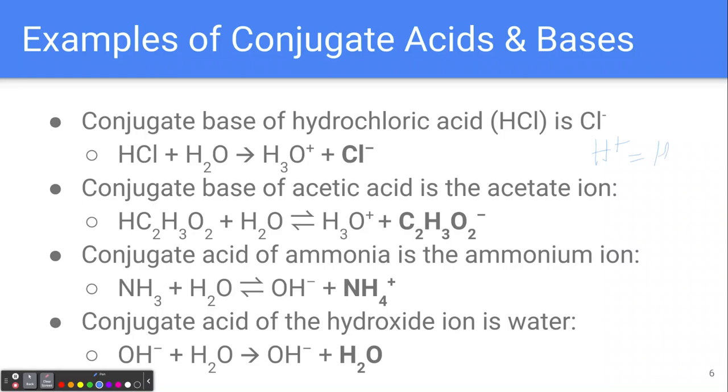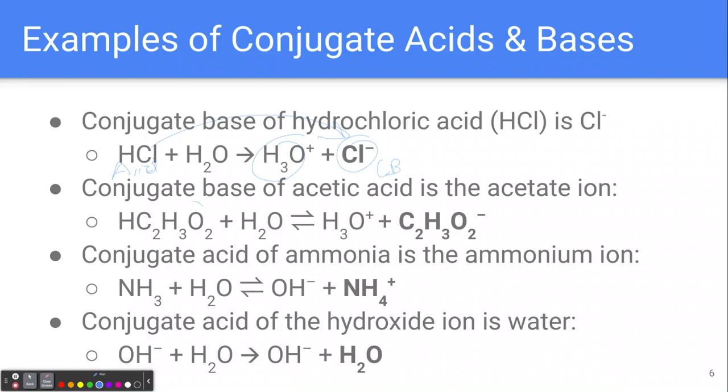They're just written a little bit differently. Okay, so if we put hydrochloric acid into water, you're going to get that hydronium ion and you're going to get that chloride ion. So this is our acid, and then when it turns into Cl minus, this is called our conjugate base.